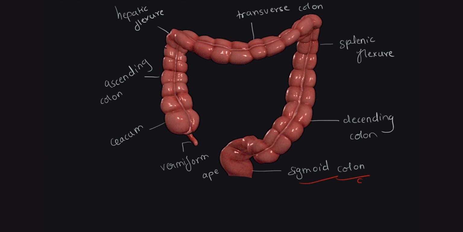And then we have the rectum. The rectum lies inside the pelvic region, approximately at the level of the third sacral bone. That being said, these are all the parts of the entire large intestinal tract, and let us study each and every part of this tract in detail.